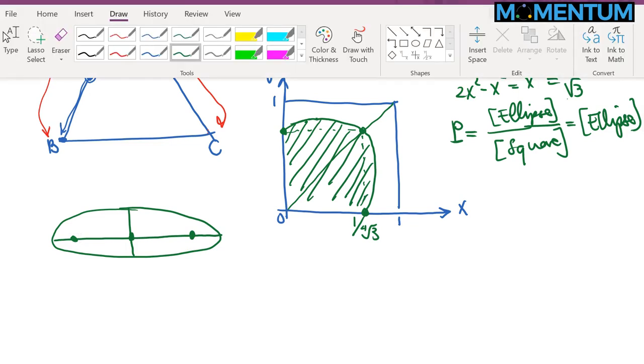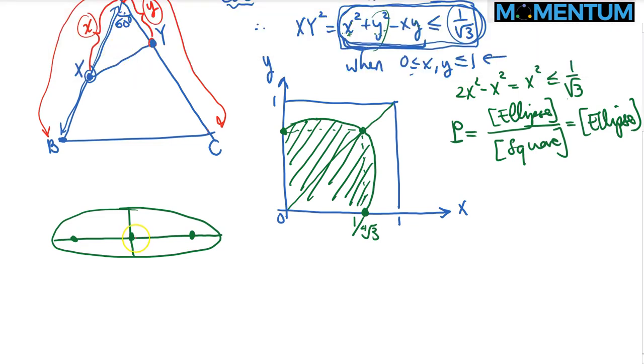So it turns out that if you call this distance A and you call this distance B, the area within this ellipse is pi times A times B.